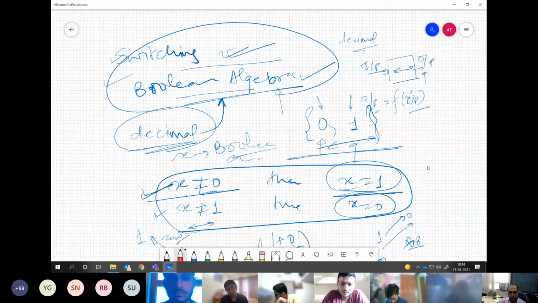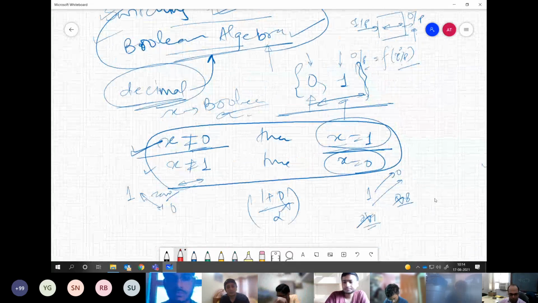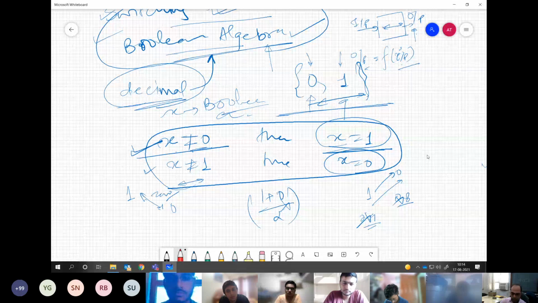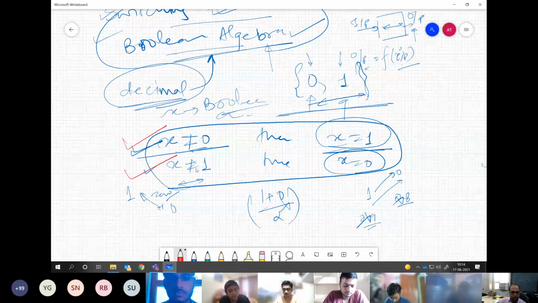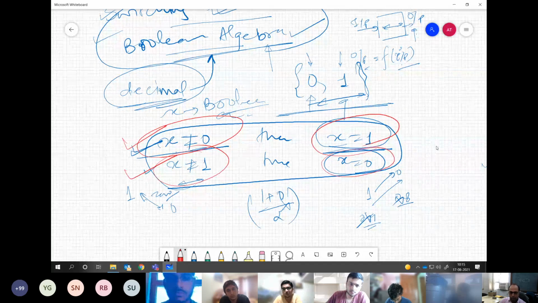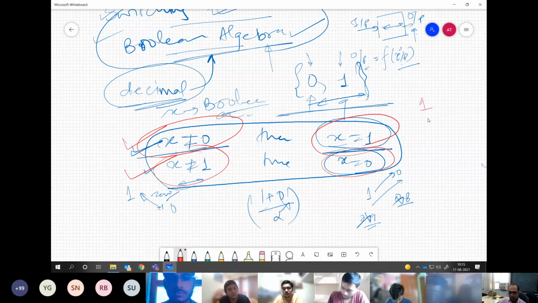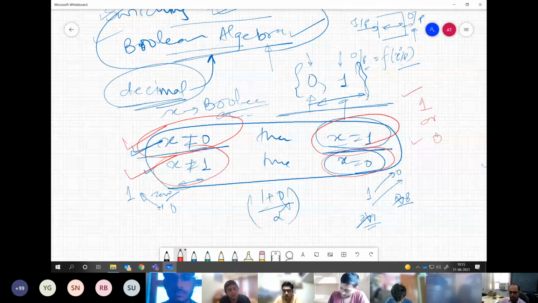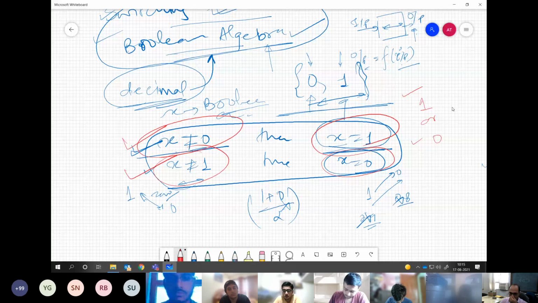We have seen that there are two very important conditions for digital to exist, and these are the most basic postulates or rules, whatever you want to call them: X, or any Boolean variable or switching variable, can take either 1 or 0, only one state at a time. It cannot be both, or in between.